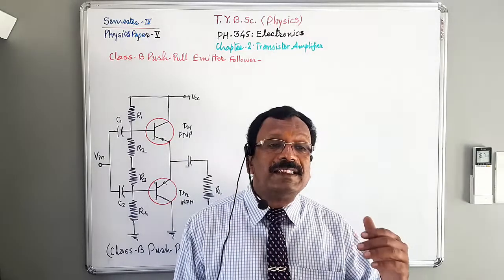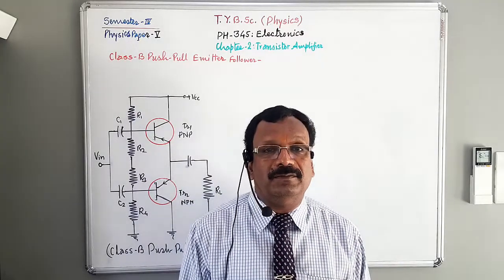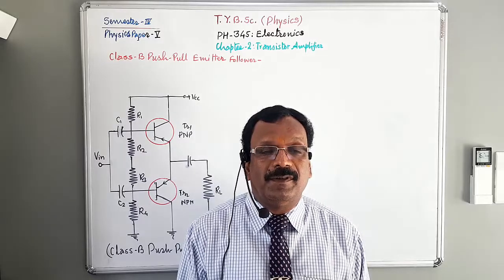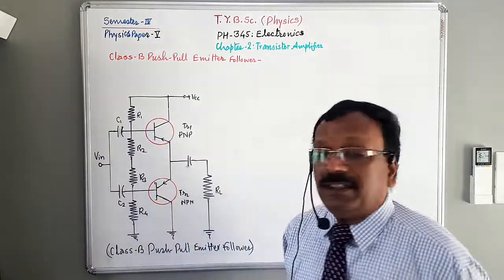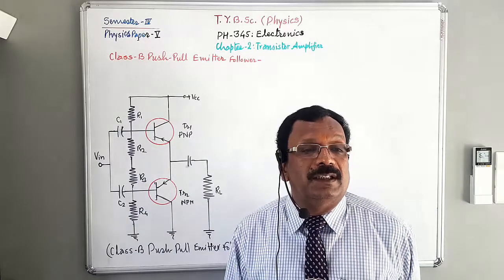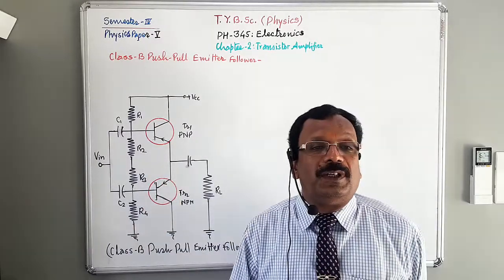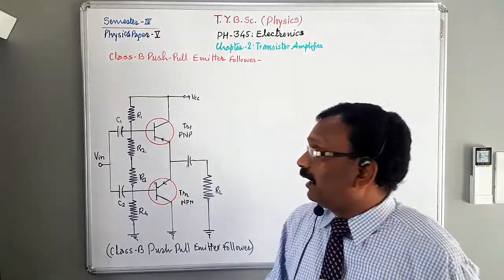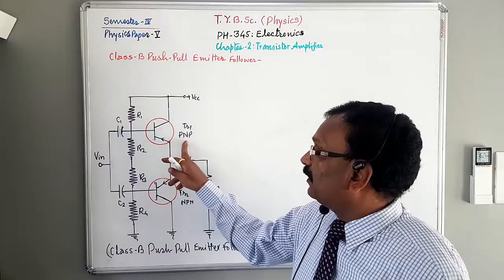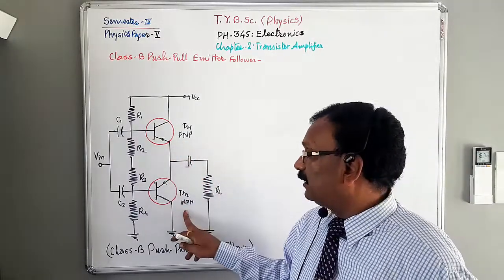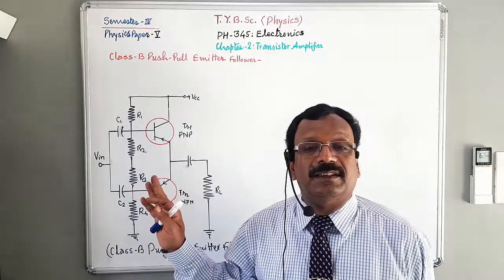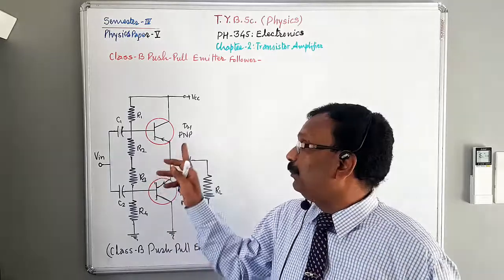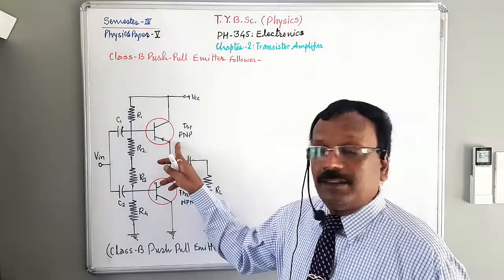Now class B push pull emitter follower. Here this figure illustrates the class B push pull emitter follower. In this circuit, there are two transistors, one of them is PNP and another is NPN.